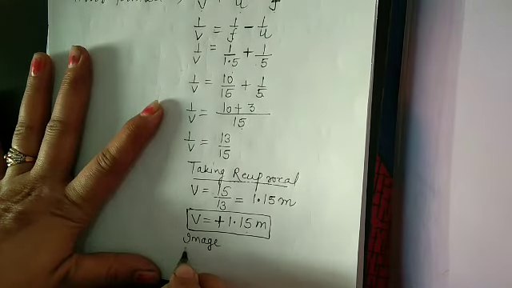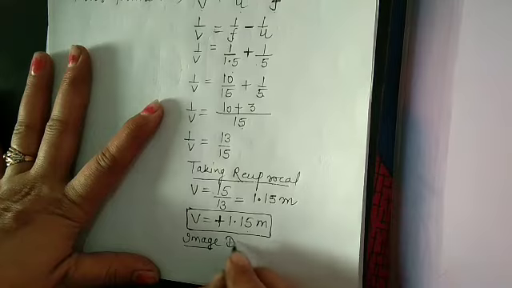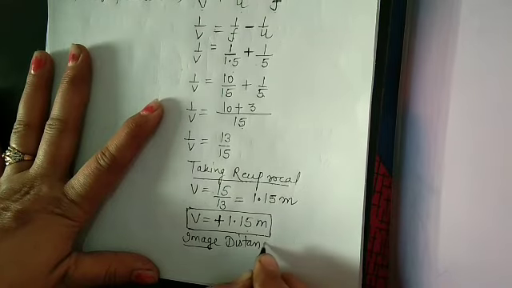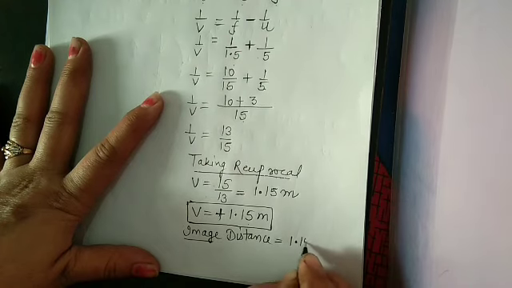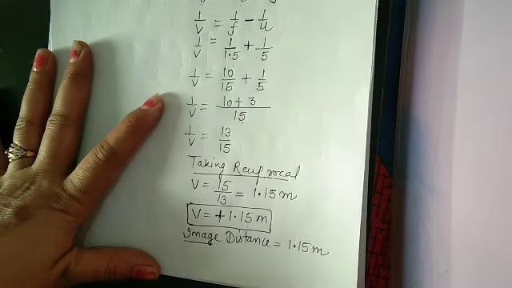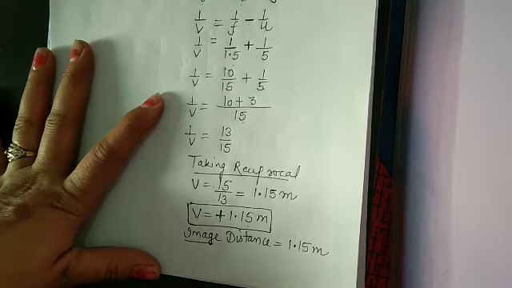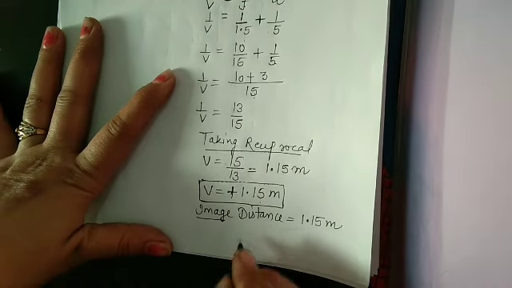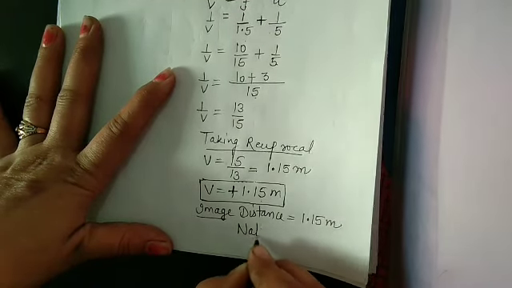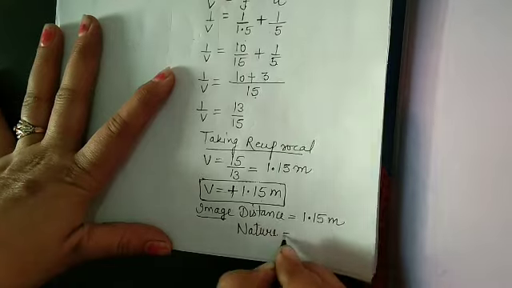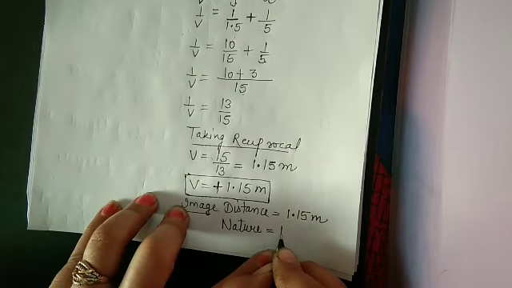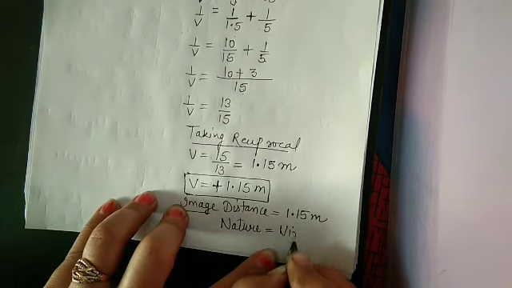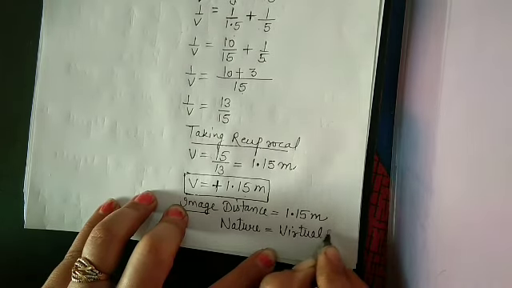Image distance or position is 1.15 meter. Image distance is known to you. What is the nature? As v is positive, it is virtual and erect.